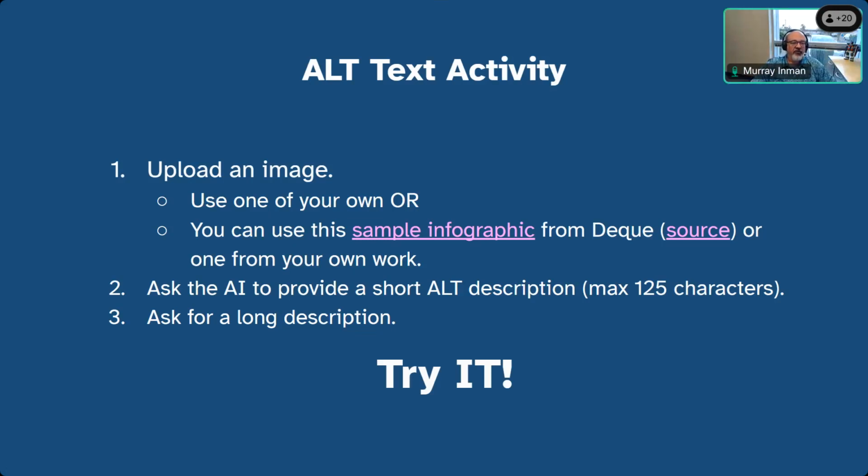Okay, so let's get on to the fun stuff. The first activity tends to be a common one, and some people are challenged by how to think about images. Often people over-describe when they first get into it and try to describe every little thing in the picture.